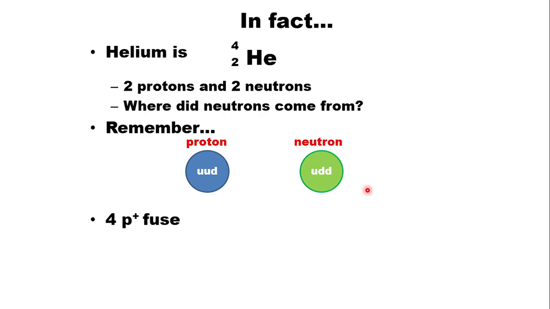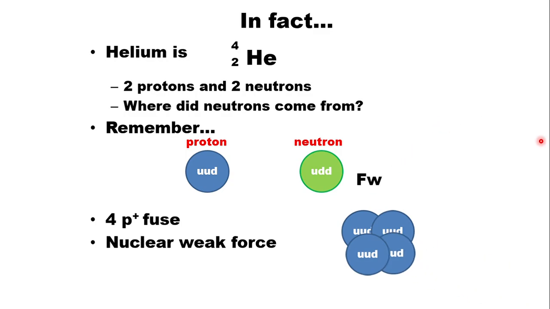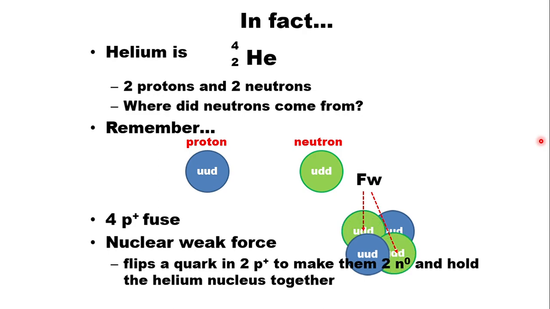4 protons will fuse like this, and then the nuclear weak force, remember, which is the one that affects quarks, will flip a quark in 2 of the protons and turn them into neutrons.